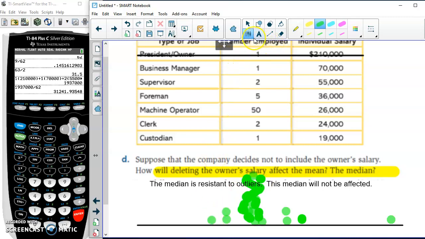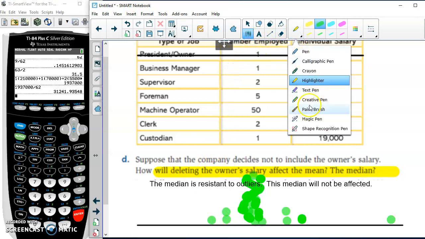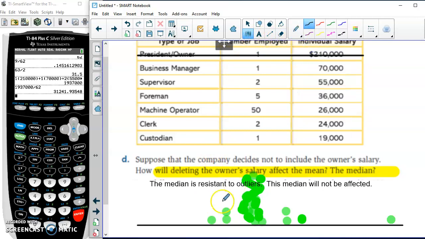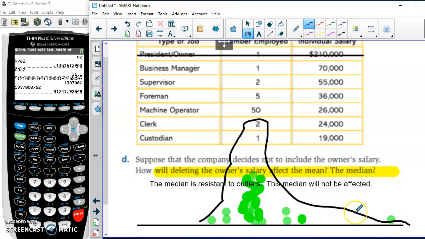So the shape of the plot is going to be skewed to the right.